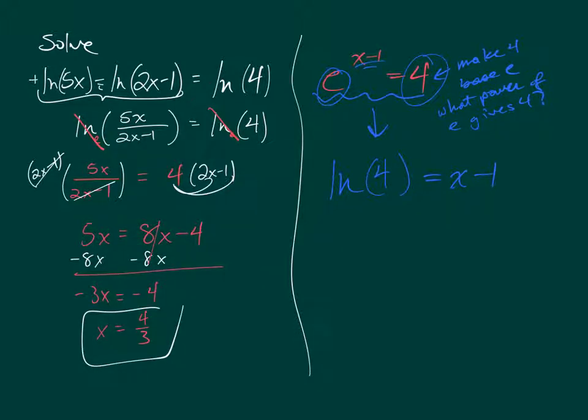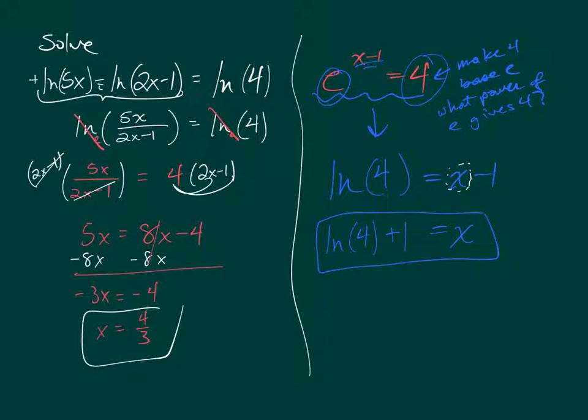So from here, I'm almost done. I have to isolate this x. So that just means I'm going to be adding 1 to both sides and get natural log of 4 plus 1 equals x. Now, since I started out with an exponential equation, I don't need to check this answer. All the work is right. This is my answer. Everything is awesome.